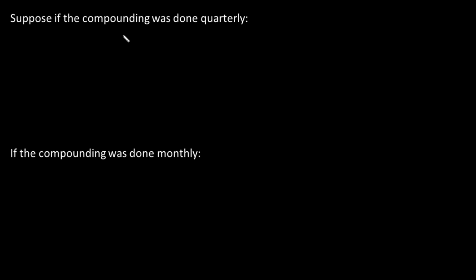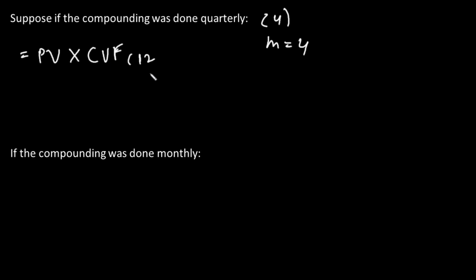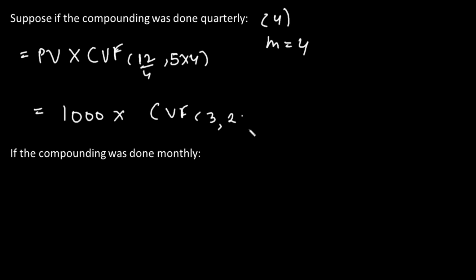Now let's say the compounding was done quarterly, that is 4 compoundings in a year. So our M would be 4. So the formula would be PV into CVF. This would be 12 by 4 and this would be 5 into 4. So the formula would be 1000 into CVF 3 and 20.